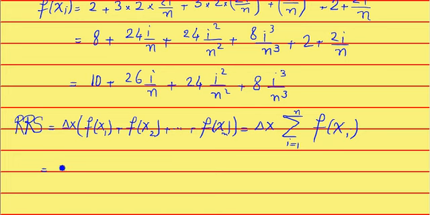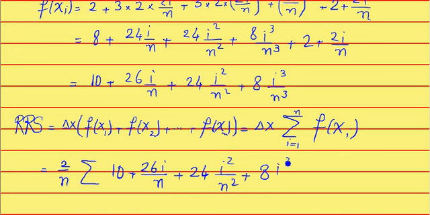Our h, or our delta x, was 2 over n, times the sum of 10 plus 26i over n plus 24i squared over n squared plus 8i cubed over n cubed. The summation is done from 1 all the way through n.